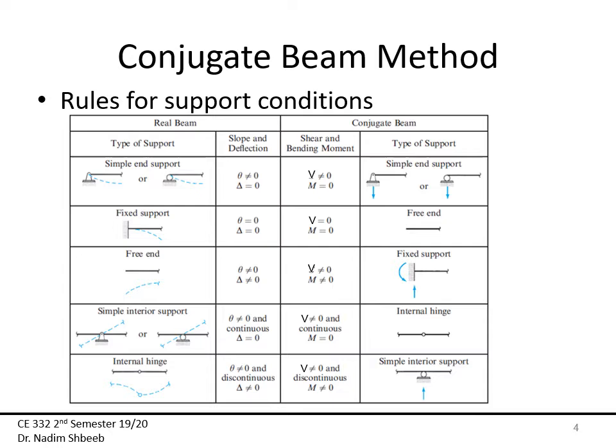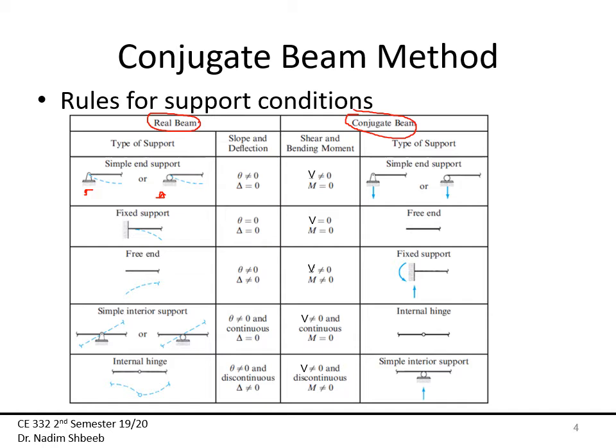So here, if I have what I call the real beam, and here is the conjugate beam. So the type of support, if I have a simple end support, like a hinge or a roller, we know that theta here is not equal to 0, and we know here that delta is equal to 0.